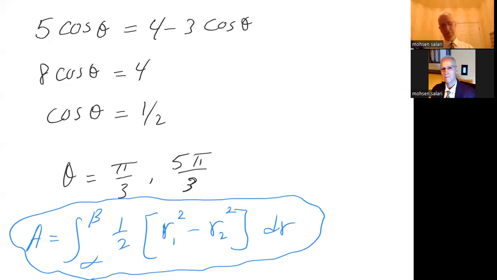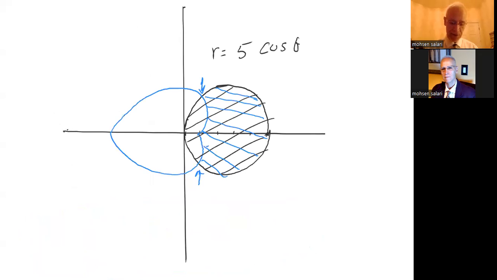Now to make my life easier for alpha and beta, I'm going to notice that there is symmetry in here. So instead of making it difficult for myself, I'm going to go from 0 to pi over 3 and take twice that area.